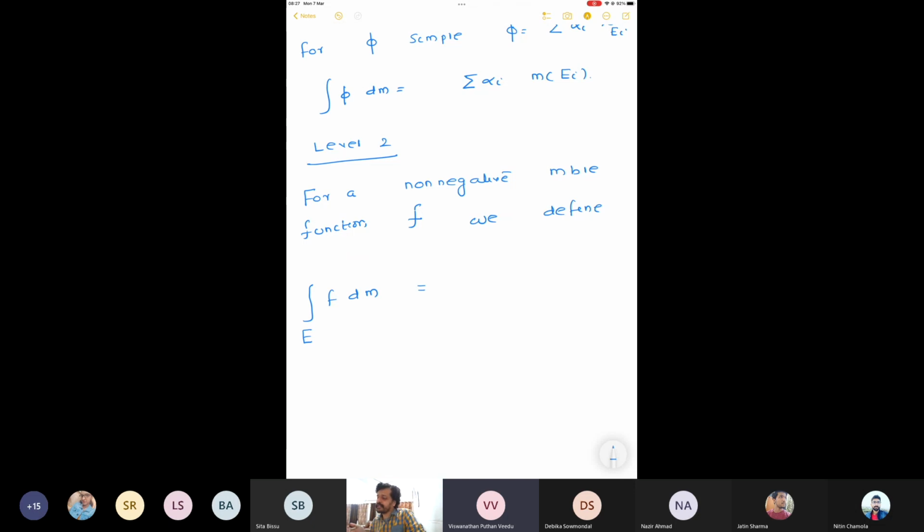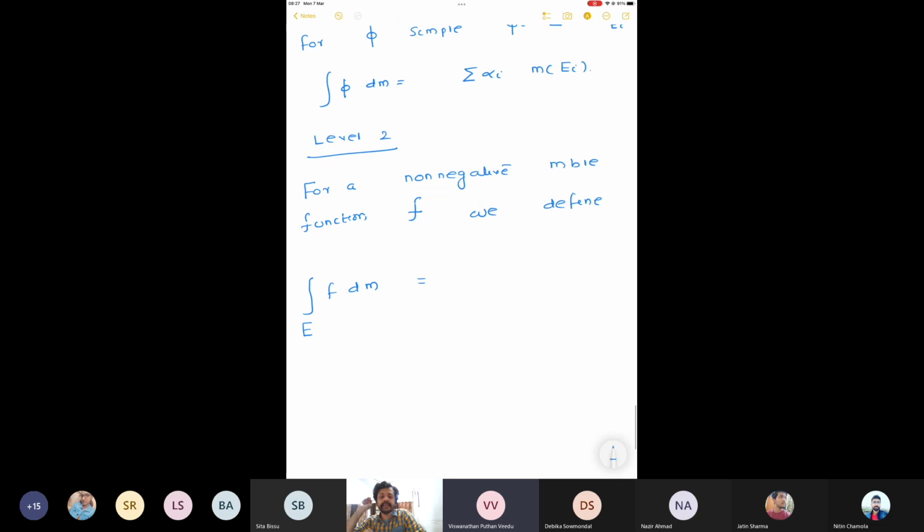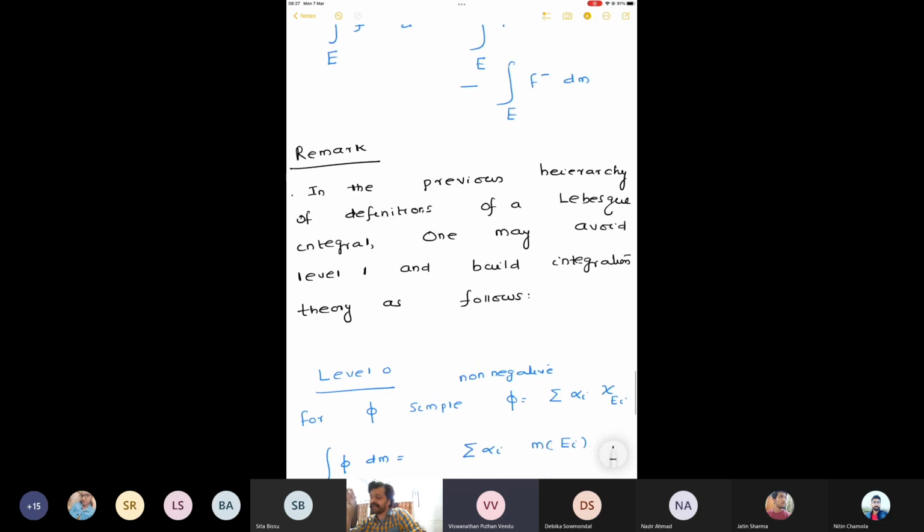Right now I know only how to integrate simple functions. I avoided level 1, so I don't know how to integrate functions that are bounded and so on. So in that case, what will be a natural definition of the integral over E of f dm? Is the question difficult? Forget about the answer. Are you getting what my remark hints at?